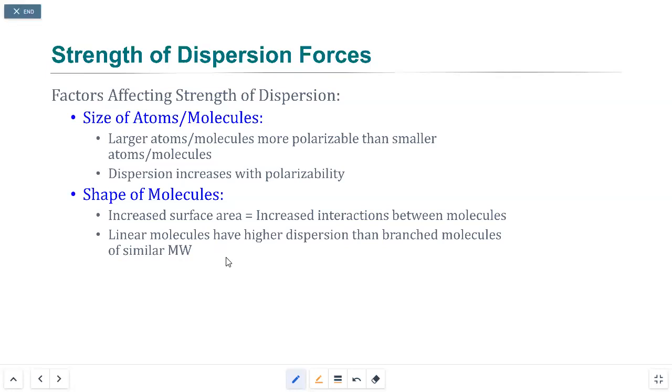And so in terms of shapes, generally speaking, the best shapes are going to be planar rings, then non-planar rings, linear molecules, and then finally branched molecules.